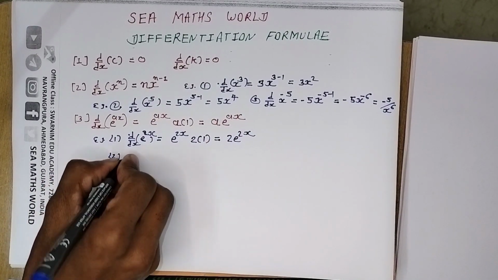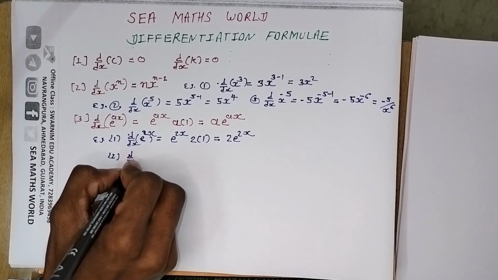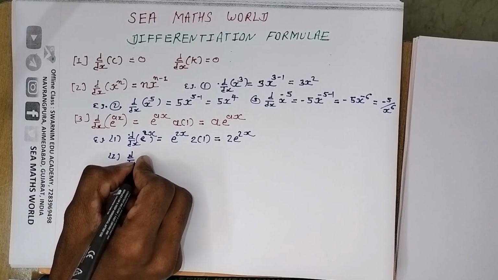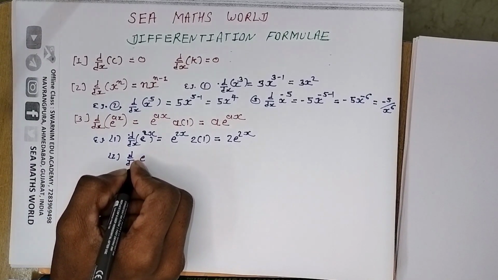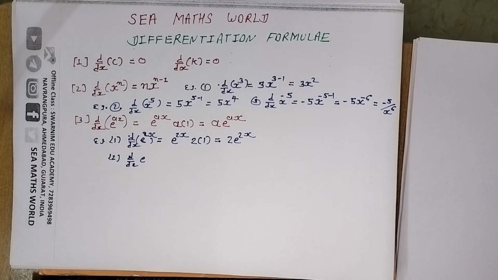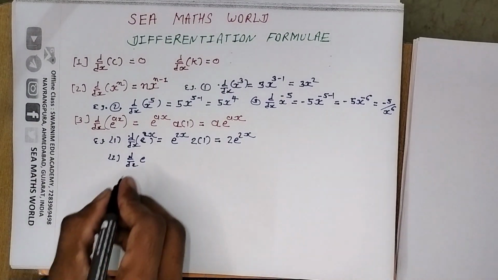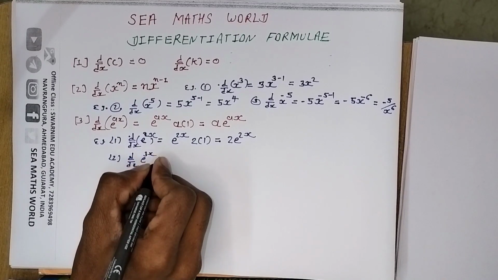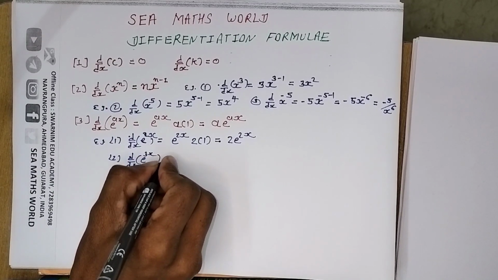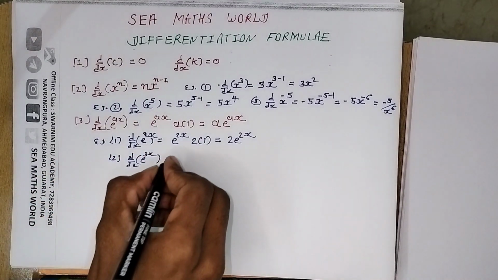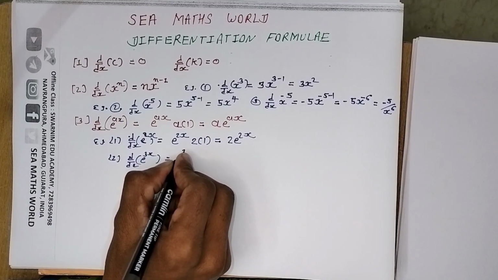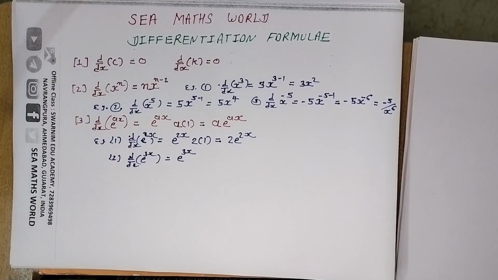One more example. Differentiation of e raised to 3x is equal to, first of all, write down as it is, e raised to 3x. Then differentiate the power. Here power is 3x.